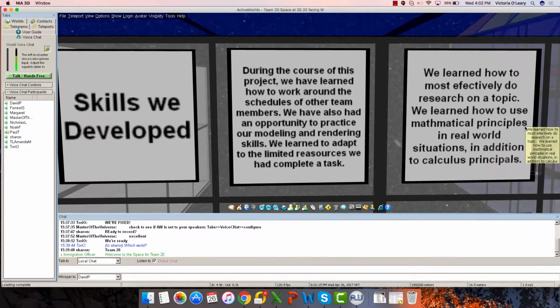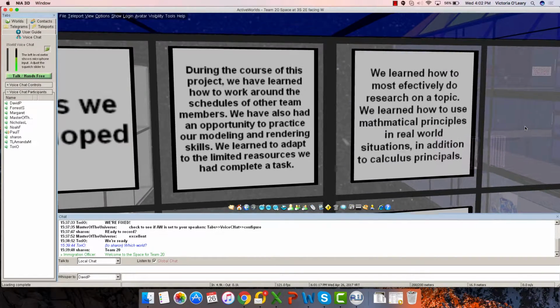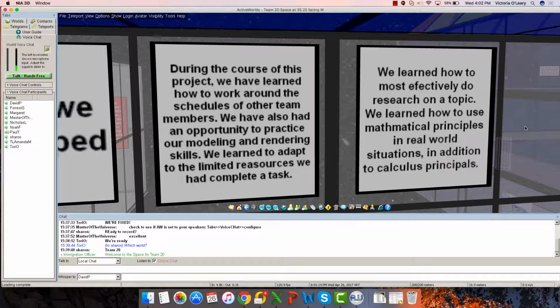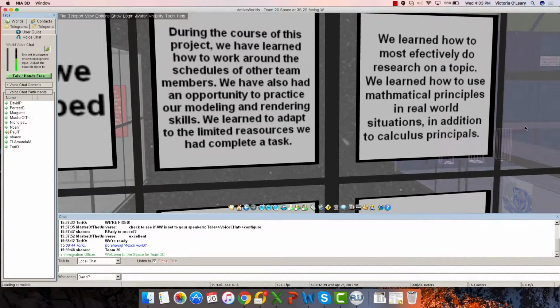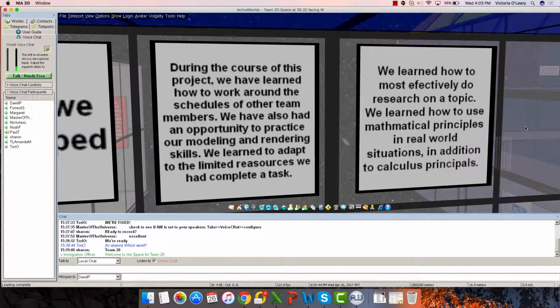And we also got to practice our rendering and modeling skills, because Nick and David were both working on a model at one point, but unfortunately we were unable to put it in Worlds. Nick also got a good opportunity to practice his applied calculus. He enjoys calculus a lot, so that was probably a very fun experience for him.